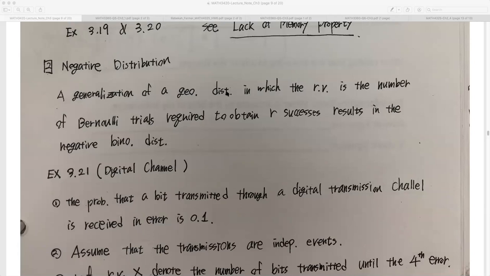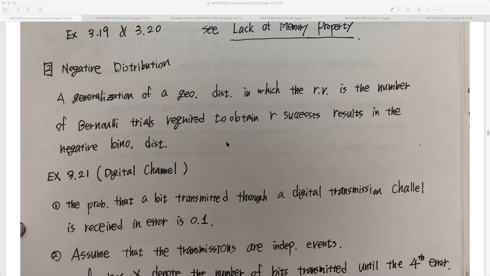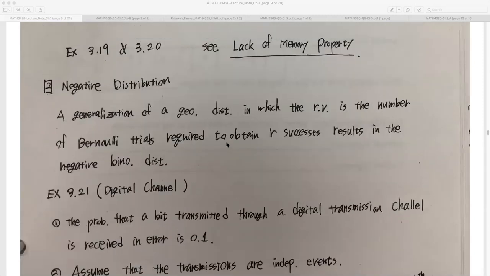This is a generalization of the geometric distribution, in which the random variable is the number of Bernoulli trials required to obtain r successes, resulting in the negative binomial distribution. Let me first recap what we have learned in the binomial and geometric distributions.